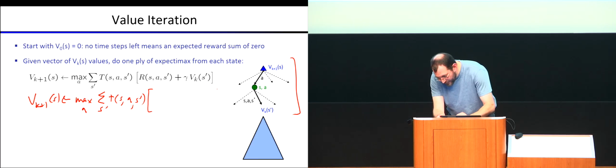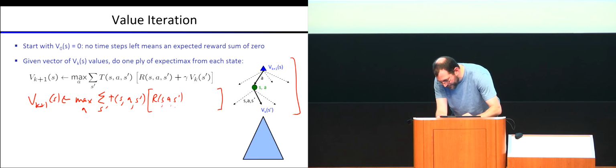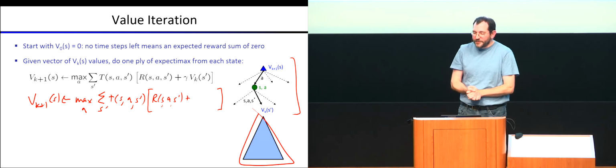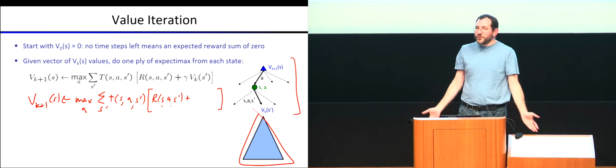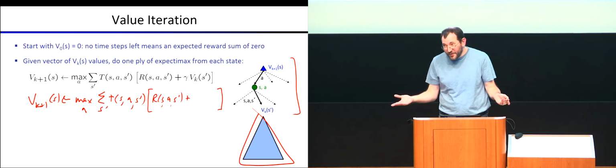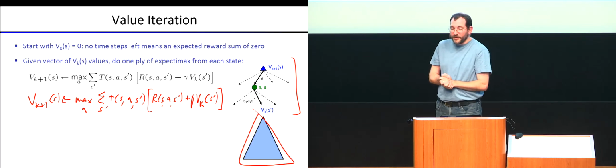And now, for each outcome S prime, I'm going to get an instantaneous reward, R of (S, a, S prime). And then I'll have k time steps left. How much score will I accumulate over those k time steps? Well, it depends where I land. I landed in S prime. And then I'm going to play optimally, but with fewer time steps. So it's going to be V sub k, because that's all the time that's left, for state S prime where I landed, and I can stick my discount in there.